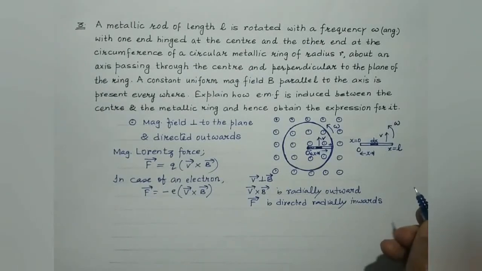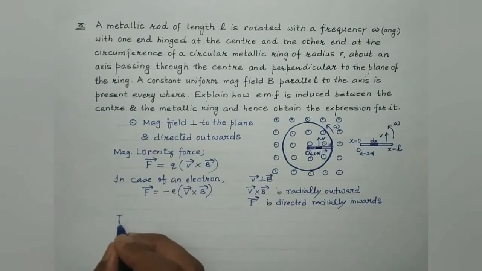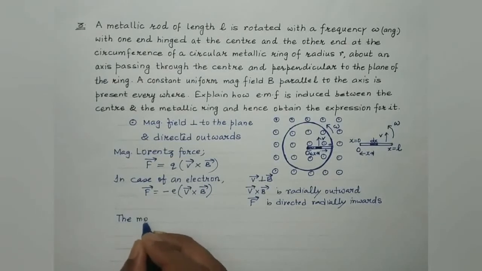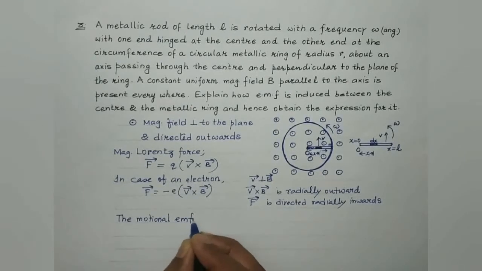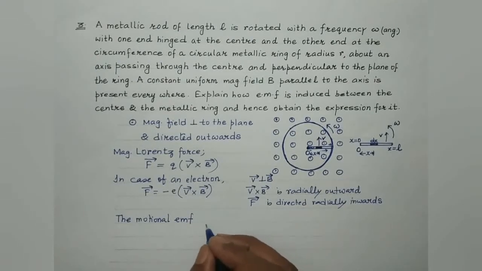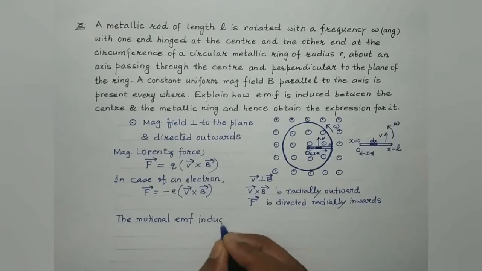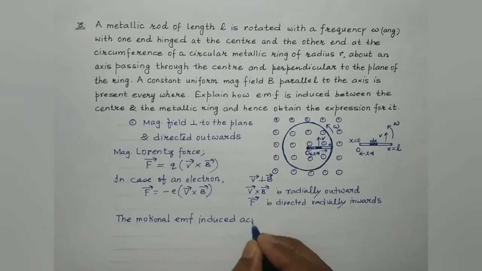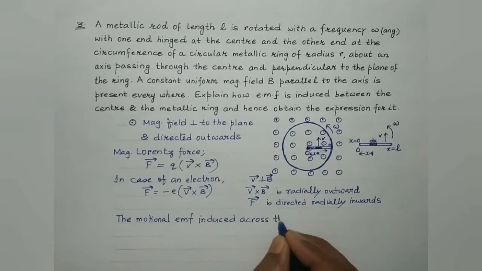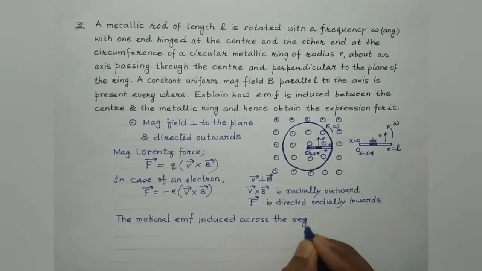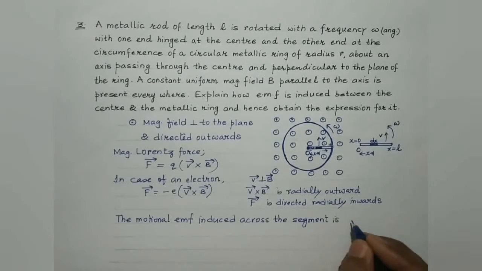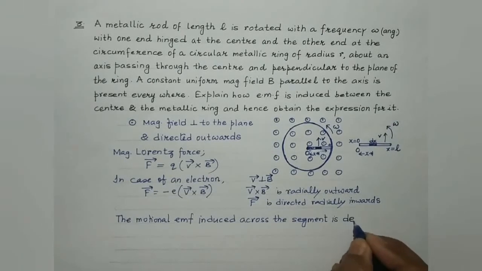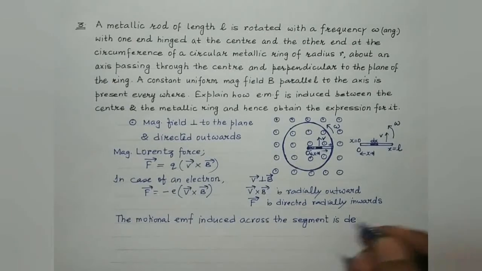So the motional EMF induced across the small segment dx is dE, where E is the induced EMF and dE represents the small EMF that gets induced in this small segment dx.